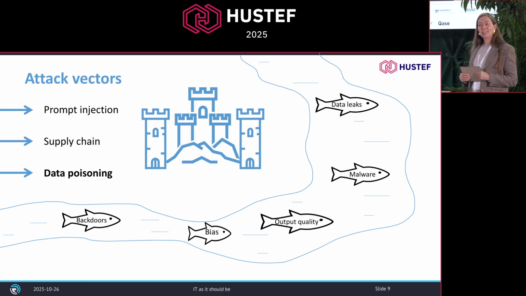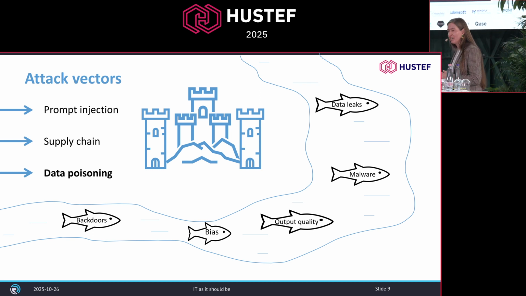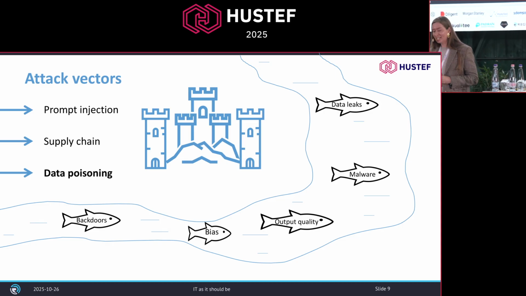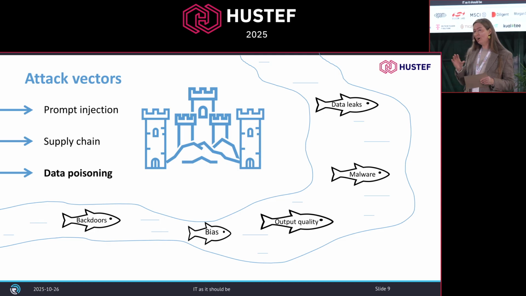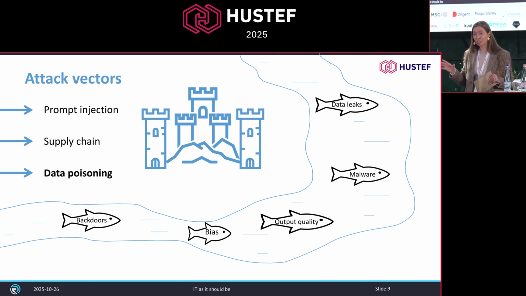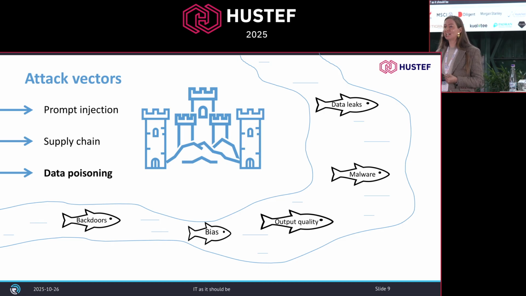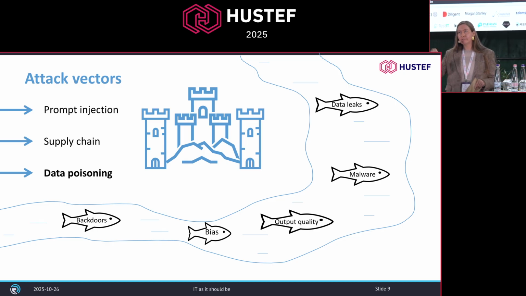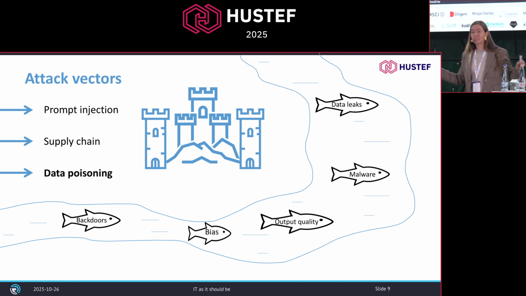Just yesterday, I read a nice study that Anthropic did. They showed that only 250 malicious documents could completely poison a whole 13 billion parameter LLM. So 0.0001% of the wrong data could ruin the whole system.